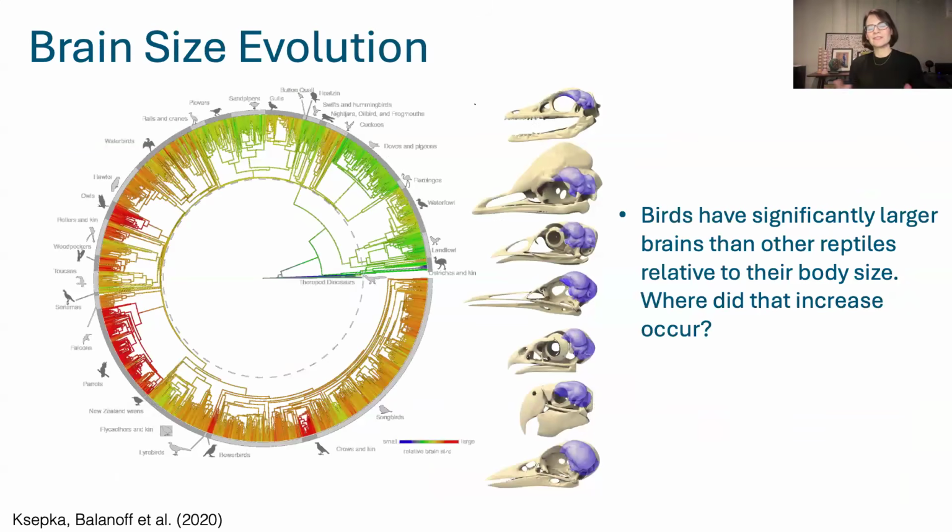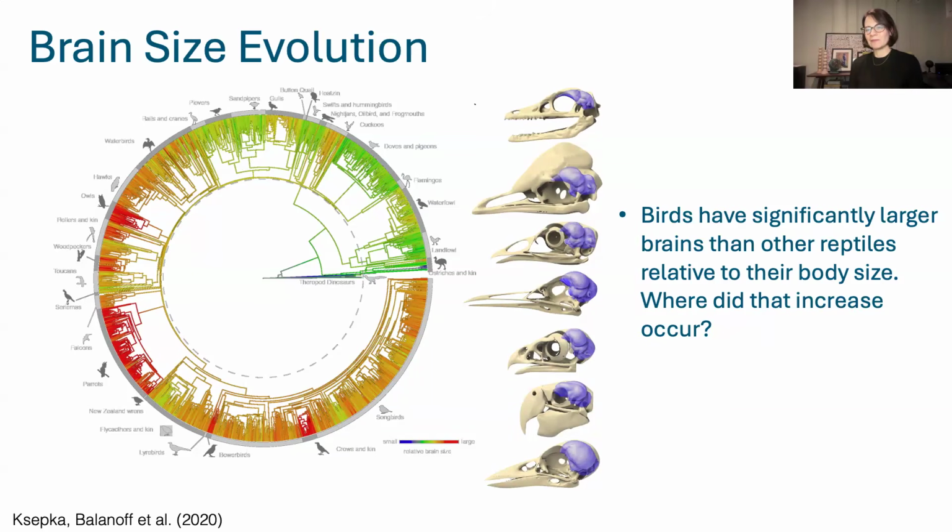But once we have these endocasts, then we can start asking more interesting questions. And so I told you before that birds have significantly larger brains than other reptiles. So one question that I was interested in is where does that jump in brain size occur on the tree?